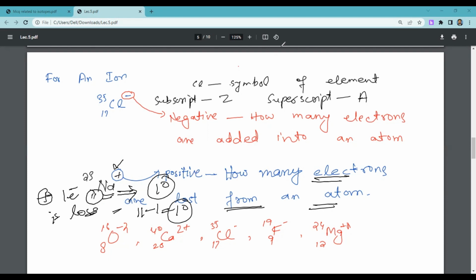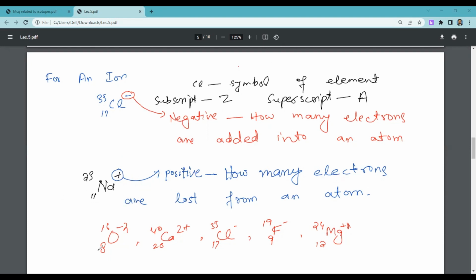So by using this information, we do some practice. How many electrons will be present in oxygen ion? We can calculate 8 plus 2 is equal to 10, because it's showing that 2 more electrons are added in this atom. Ca2 positive is showing that 2 electrons are lost from this atom. So 20 minus 2 is equal to 18. 18 electrons are present in calcium.